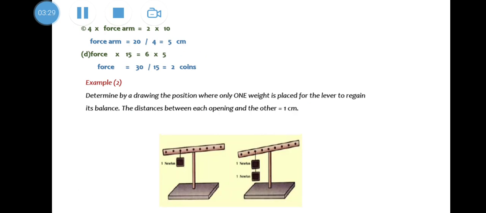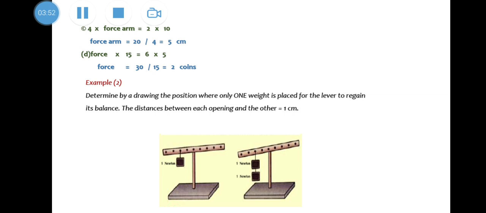In the second example, it gives me the weight or the load, and also the amount of the weight used to equilibrate it, and I want to know the positions where we are going to put this weight.